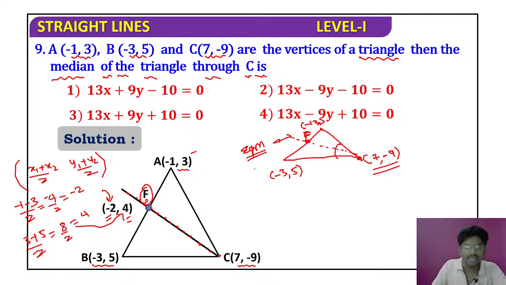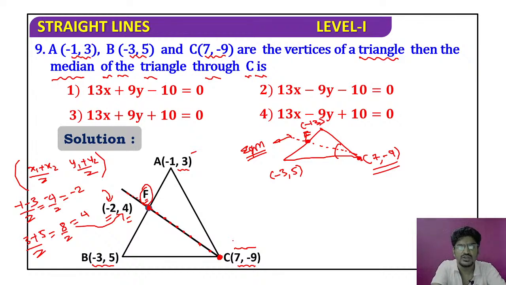So now using the midpoint formula, you got this point minus 2 comma 4, and one more point is 7 comma minus 9. Now you know 2 points on the line. Using these 2 points, now you have to find the equation of the line.